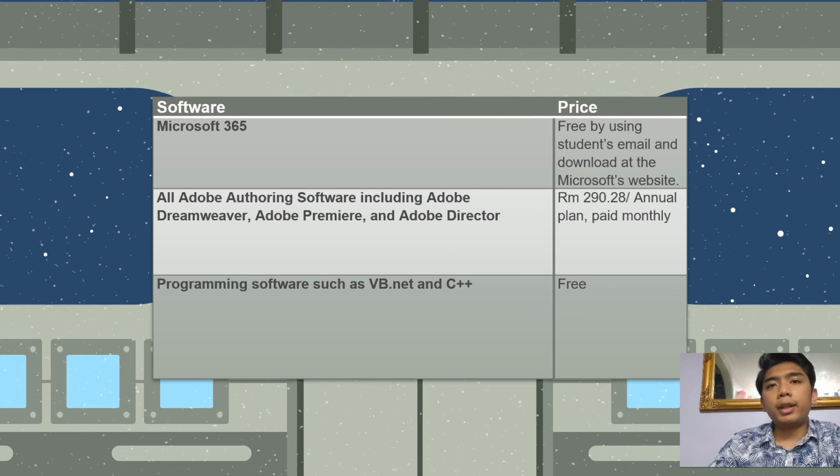For the software, this is the example of the software that Nawal has, which is the first one, Microsoft 360, all Adobe authoring software, including Adobe Dreamweaver, Adobe Premiere, and Adobe Director. And the last one is a programming software such as VB, .NET, and C++.